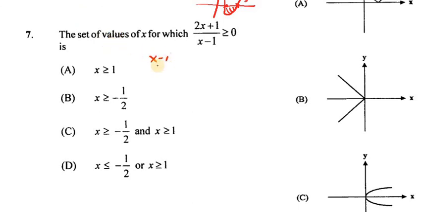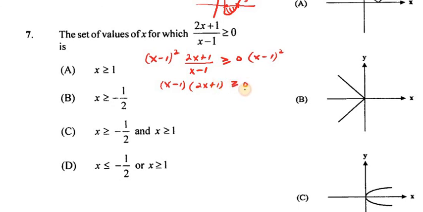So x minus 1 squared by 2x plus 1 over x minus 1 is greater than or equal to 0 multiplied by x minus 1 squared, and from this I end up with x minus 1 multiplied by 2x plus 1 is greater than or equal to 0.